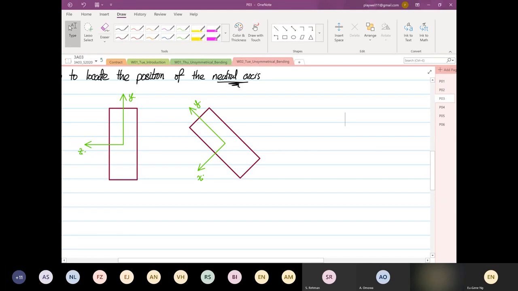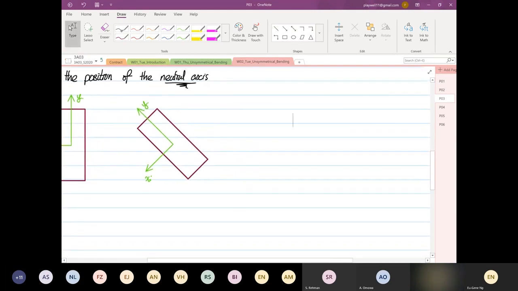So first thing to take note: the transformation or the axis rotates with the object. Okay, that's the first thing you have to think.